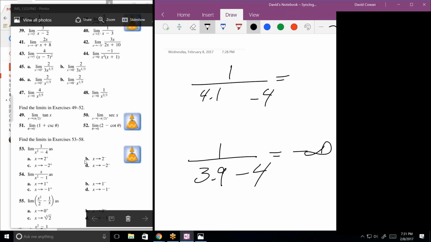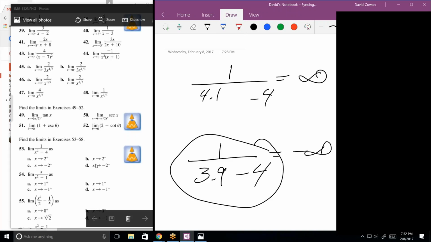Leaves a positive denominator. That goes to positive infinity. But if I approach 2 from the left, I get this situation, which gives me a negative denominator. And that goes to negative infinity. So in fact, it doesn't really matter. A is the same answer as C, and B is the same answer as D.